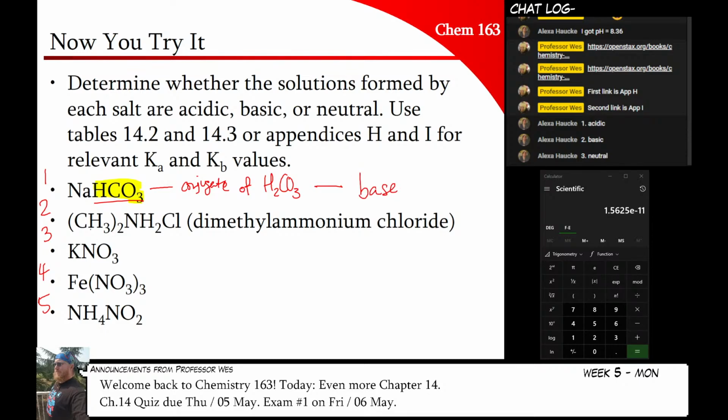Okay. This one you should be able to determine, except I have a typo in it, so that's no good. So this is a nitrogen-containing acid, which is the conjugate of a nitrogen-containing base, so this would be acidic.